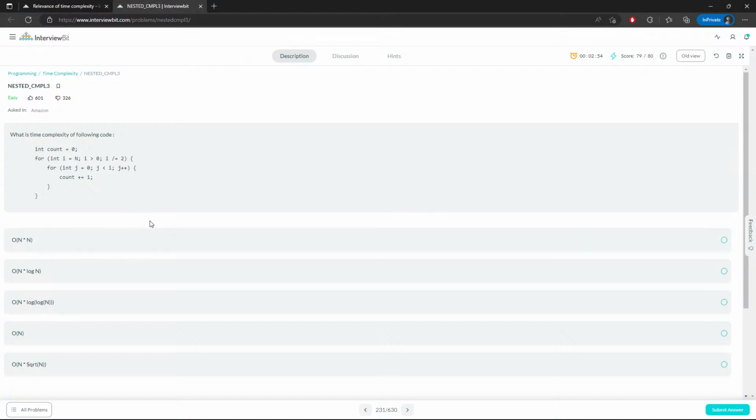What should I see? I just want the summation of these: n plus n by 2 plus n by 4 plus so on till 1. Damn, I'm very bad with these summations. So annoying.